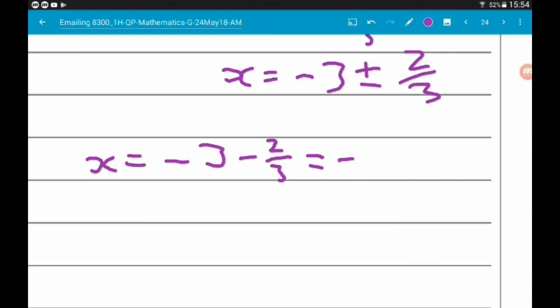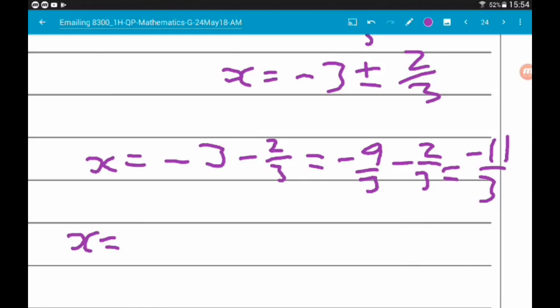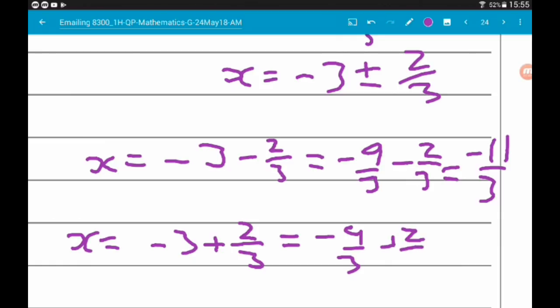So this is minus 9 thirds, minus 2 thirds, which is minus 11 thirds. Or x can be minus 3 plus 2 thirds, which is minus 9 thirds, add 2 thirds, which gives us minus 7 thirds.